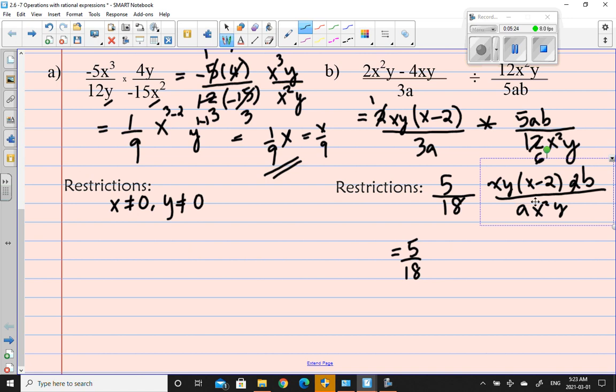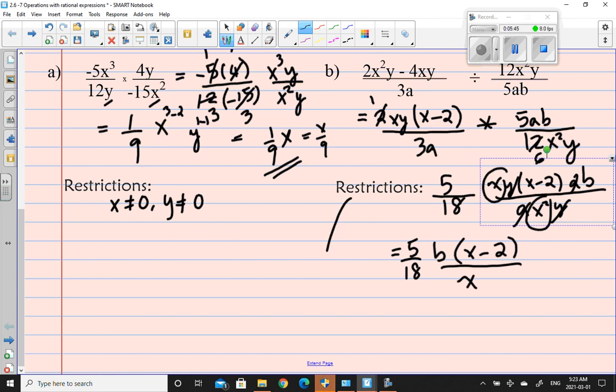The a and the a cancel out. The y and the y cancel out. And you can divide the x by the x squared. So you end up with a b and an x minus 2 and an x in the denominator.